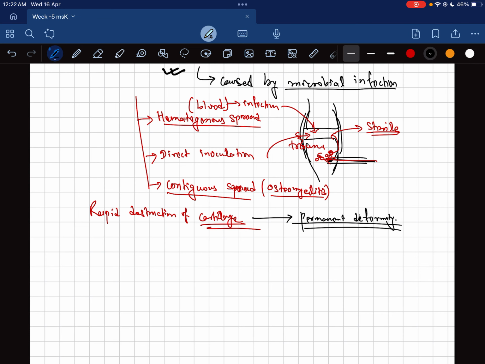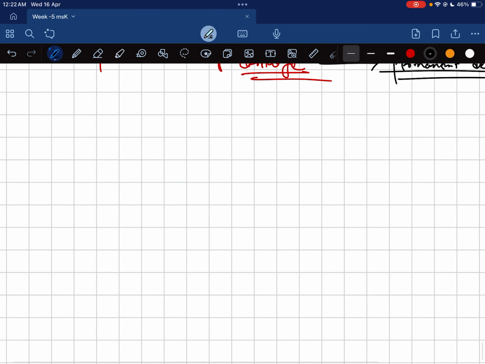Now there is suppurative type of arthritis, also known as bacterial arthritis.